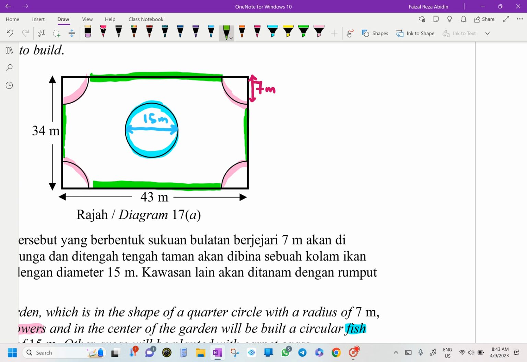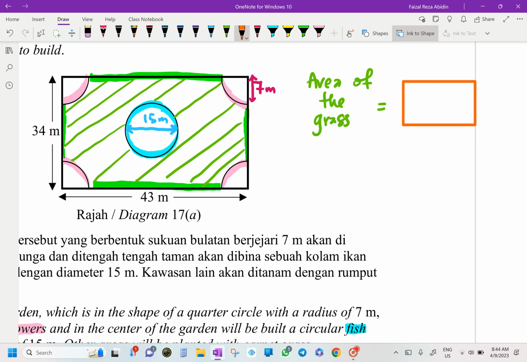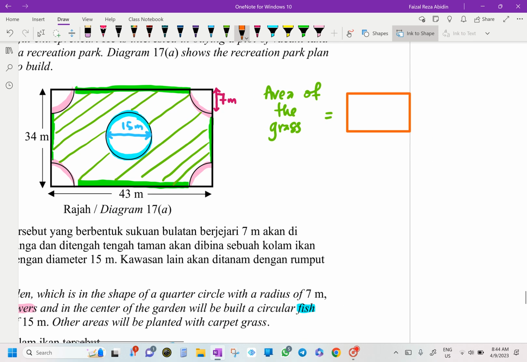To get the area of the carpet grass, it is going to be our shaded region. First thing first, I'm going to have the area of the land, the rectangle, and I'm going to minus the two circular areas.